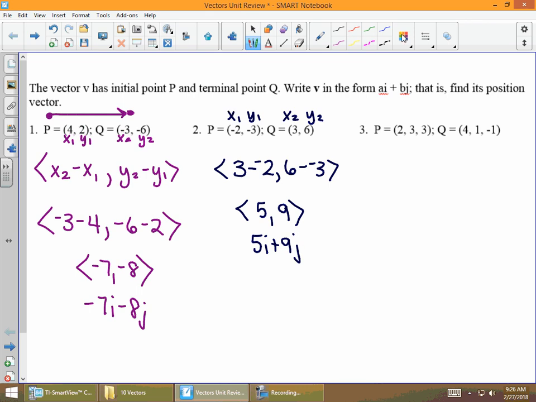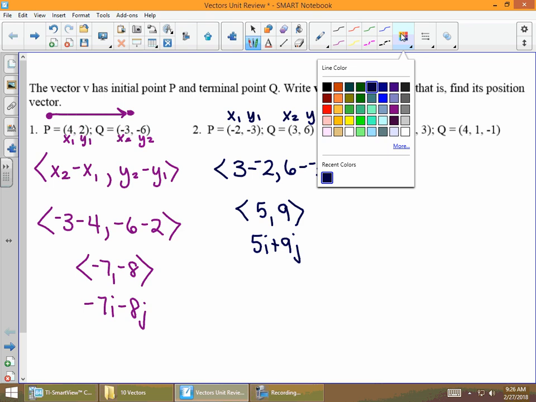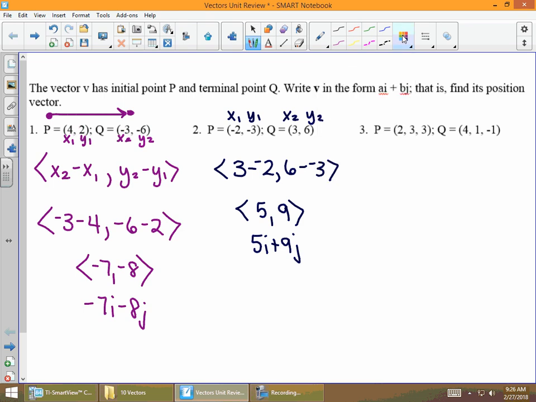The nice thing about vectors is three-dimensional vectors work the same way. Everything is consistent. So if we're doing a three-dimensional vector, we will do our x's, our y's, and our z's. So our x, 4 minus 2, y's, 1 minus 3, z's, negative 1 minus 3.